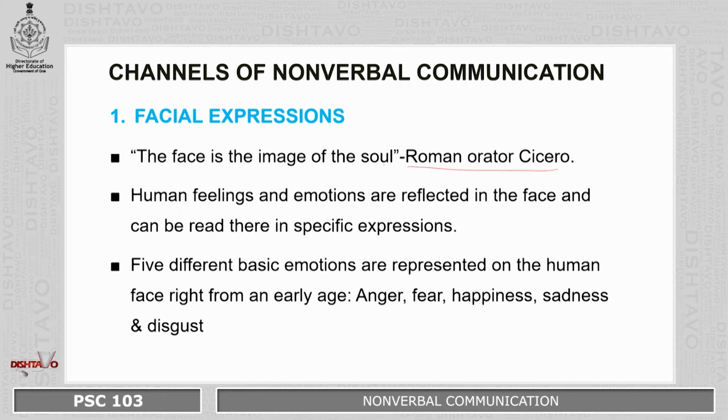There are 5 basic emotions which are represented on the human face right from an early age. That is, from the time we are born, these are the emotions which we can depict: anger, fear, happiness, sadness, and disgust.